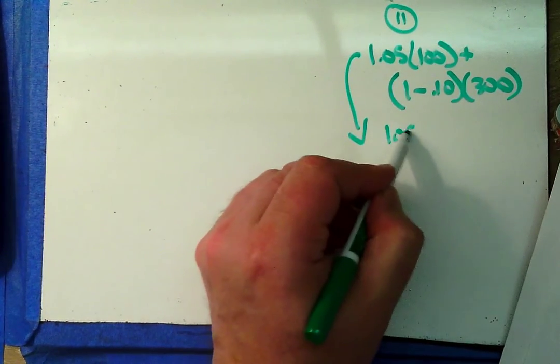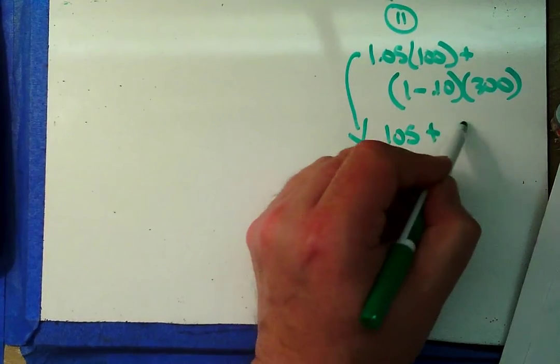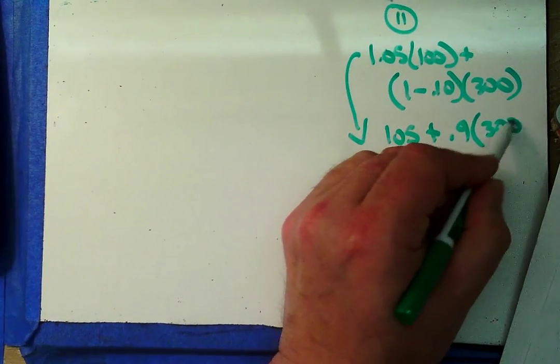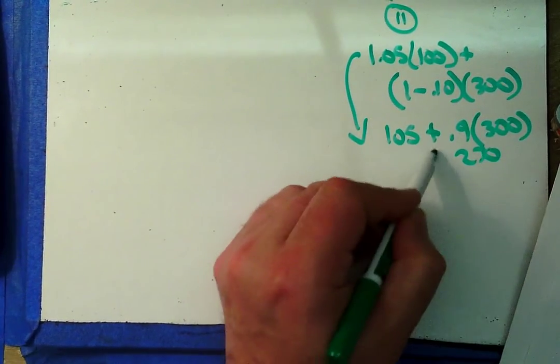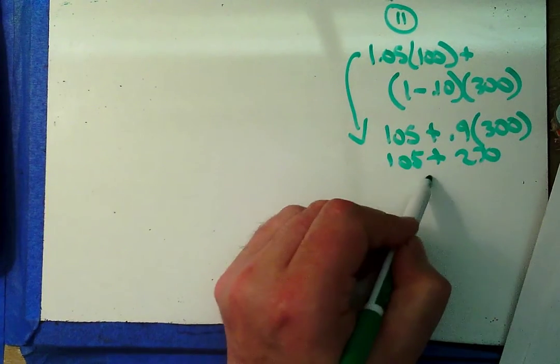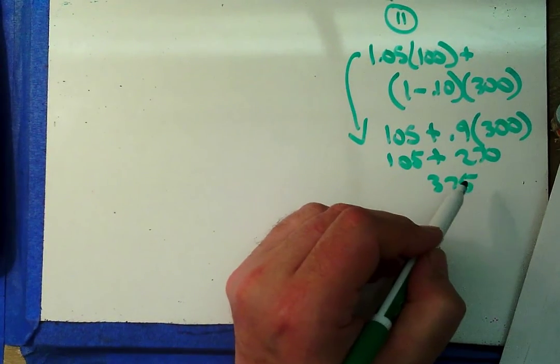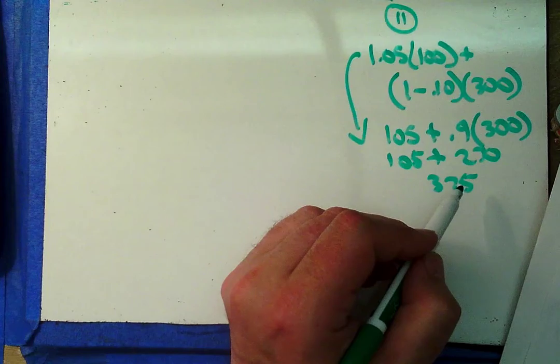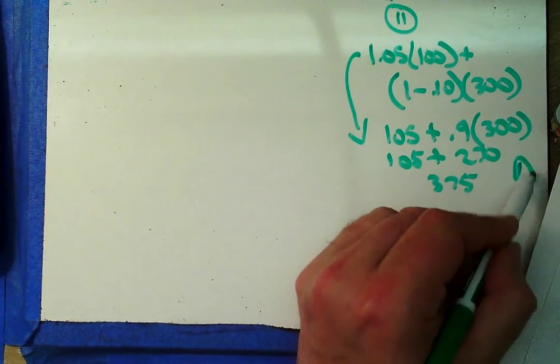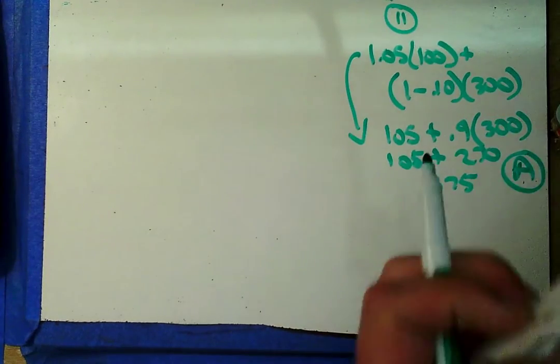So we've got 105 plus 0.9 times 300, 270 plus 105, 375. And the sum of the new costs is A. A for number 11.